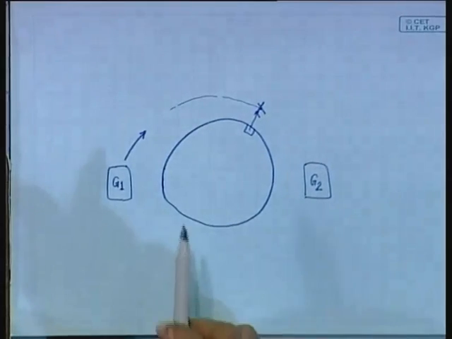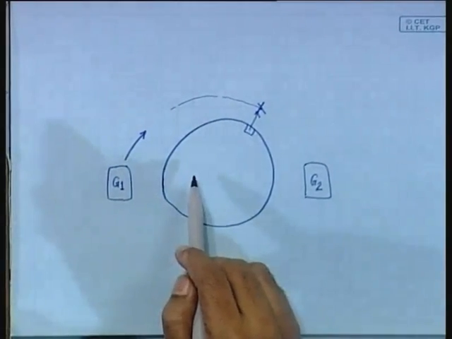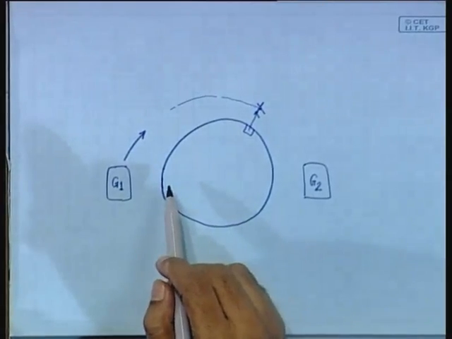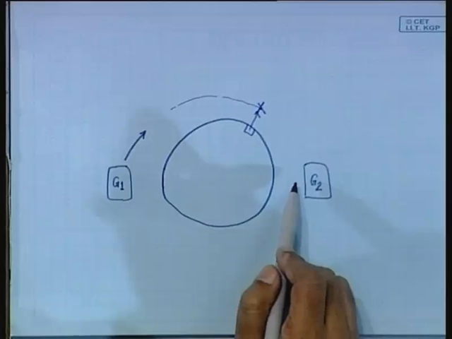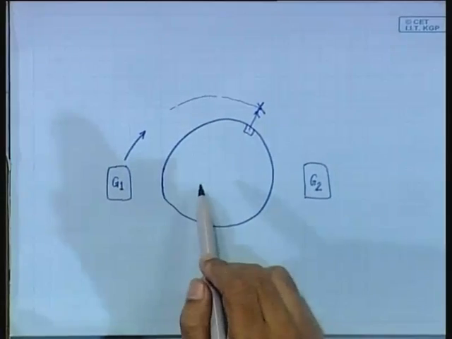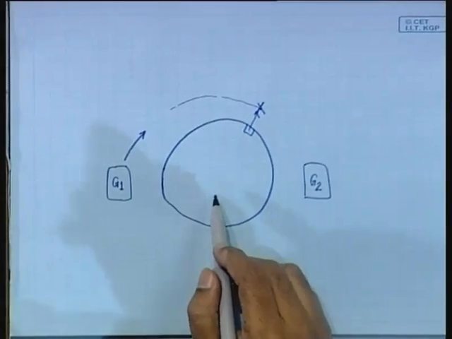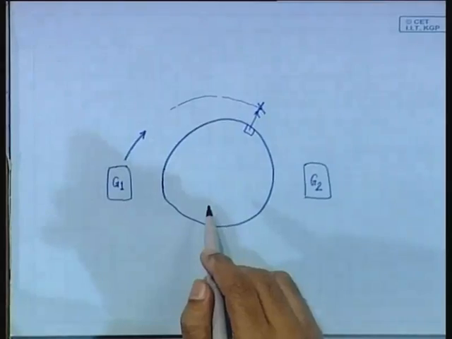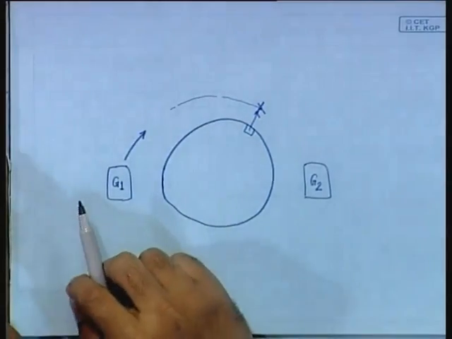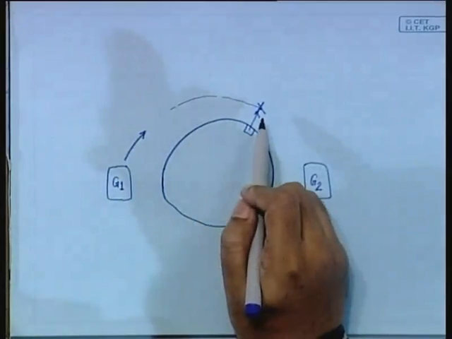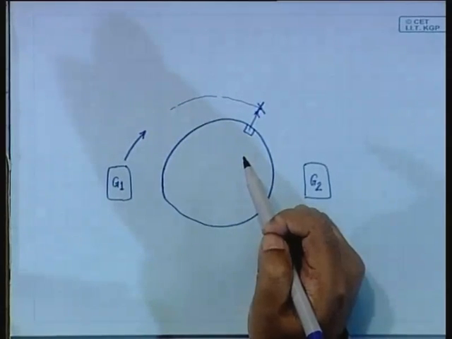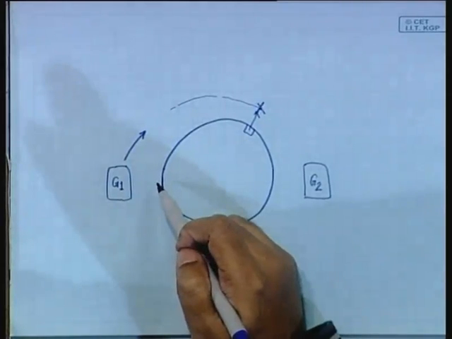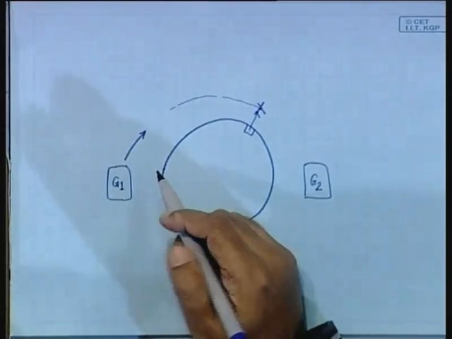If only one of them attacks, they will be crushed. The success of attacking the fort depends on both of them attacking together from the two sides. Now, look at G1's problem. G1 has sent the message, but it does not know whether it has been received. So, will G1 attack? It will not.